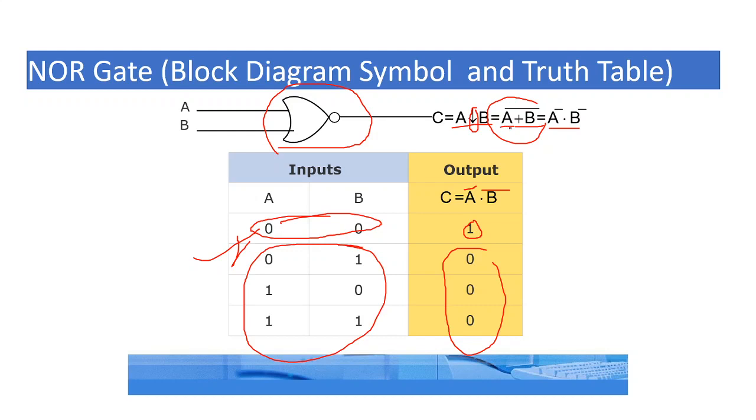Here (A plus B) whole bar is equal to A bar dot B bar. You can verify it easily with the help of truth table. I will show you only for one or two inputs.